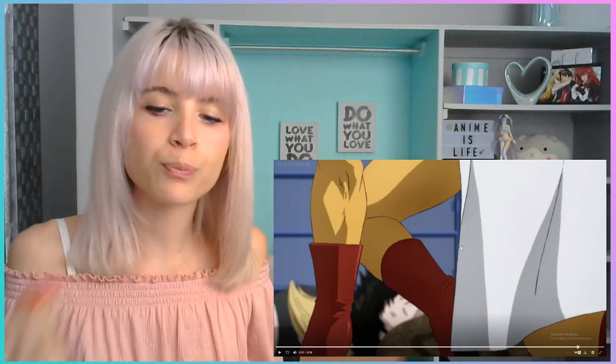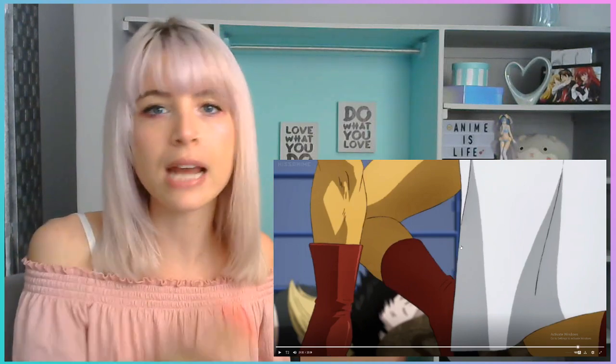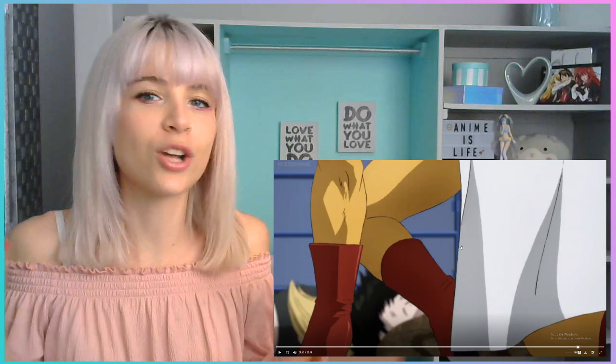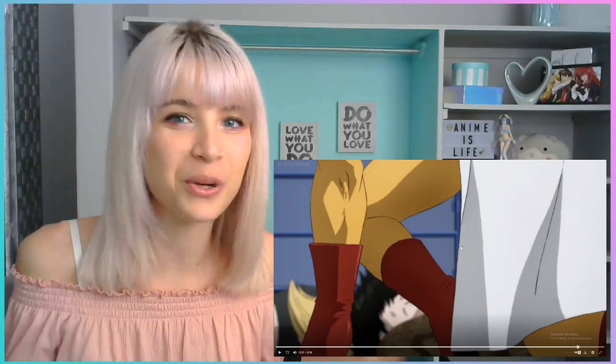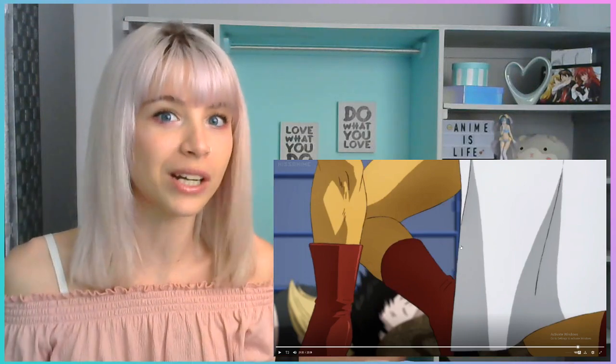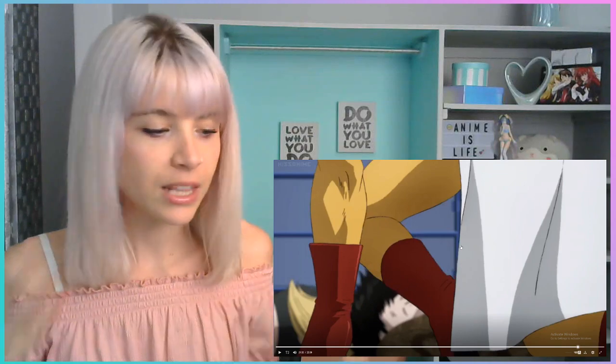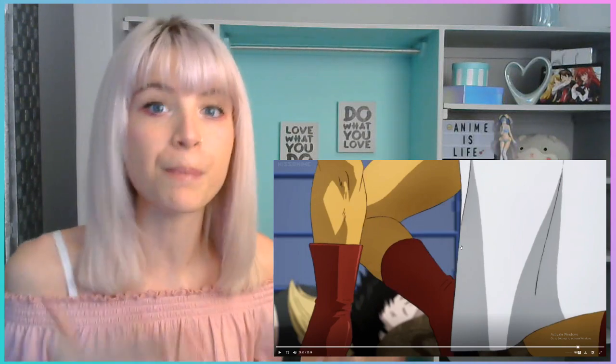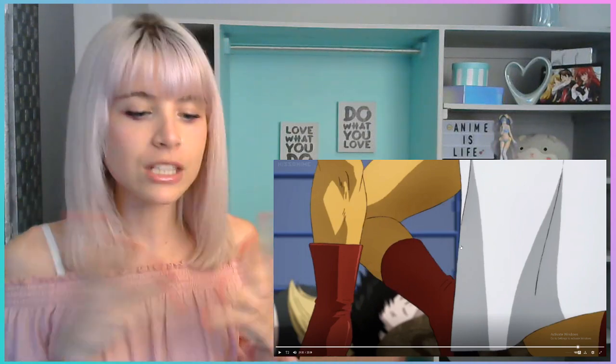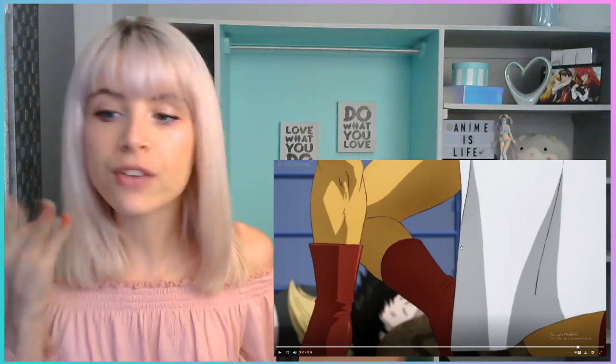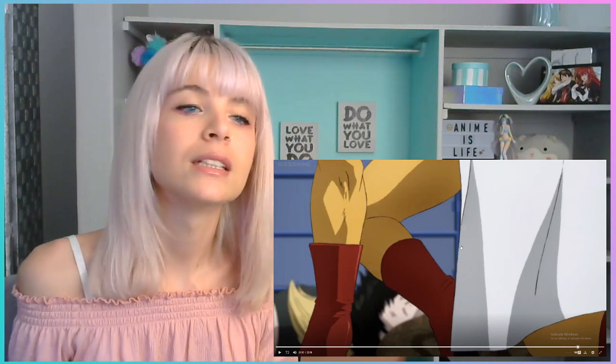So Overlord's protagonist is Ainz. And we know Ainz is going to keep winning and keep winning and keep winning. He doesn't not win. Just like in any other anime, the protagonist will always win because the story is about them. The story wouldn't be told if they didn't win at the end.